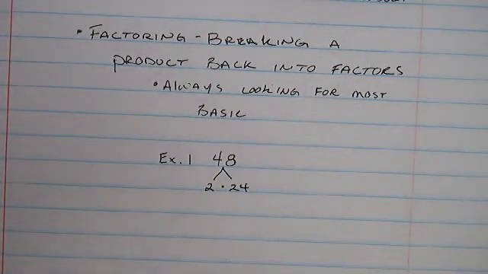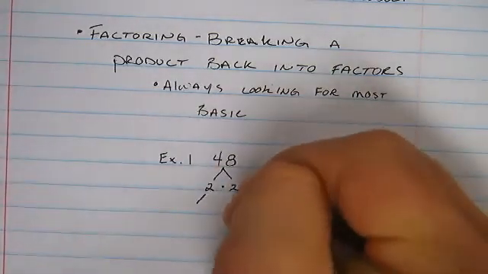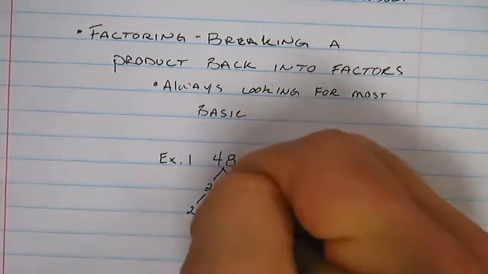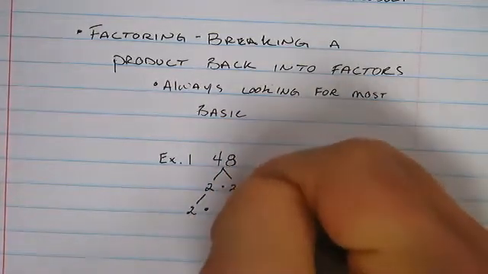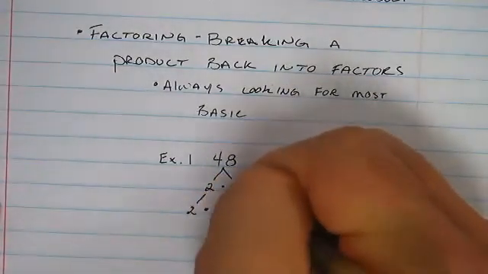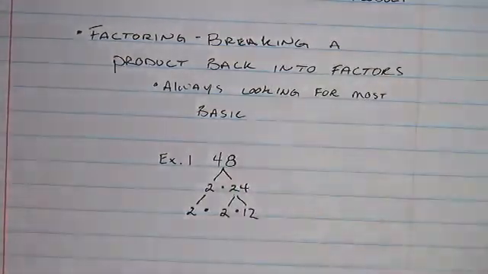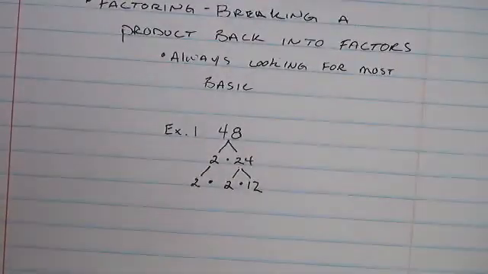And so we're not done yet. We haven't completed the task. So the 2 carries, and now we have 24 being broken into more factors. Again, I would always choose 2 if I could, and that's going to be 12. We look at all 3 of those factors. Is it done? The answer is no. 12 is not a prime factor, and we could continue.